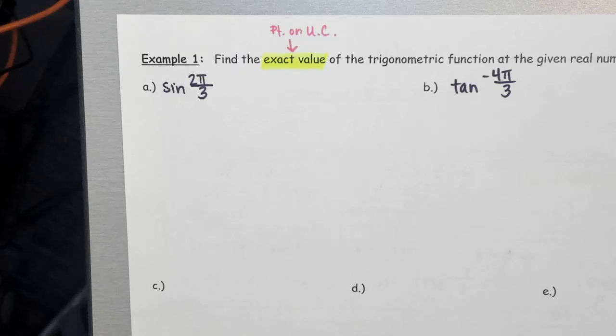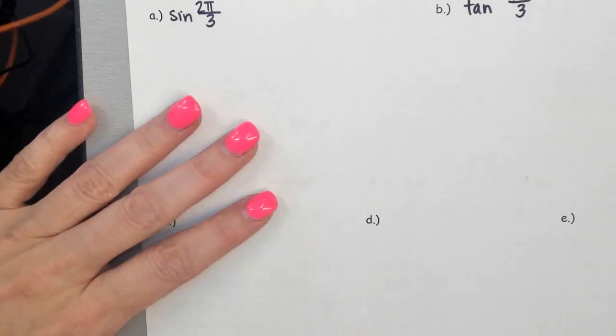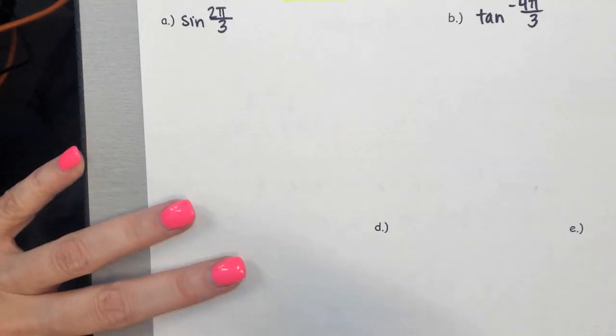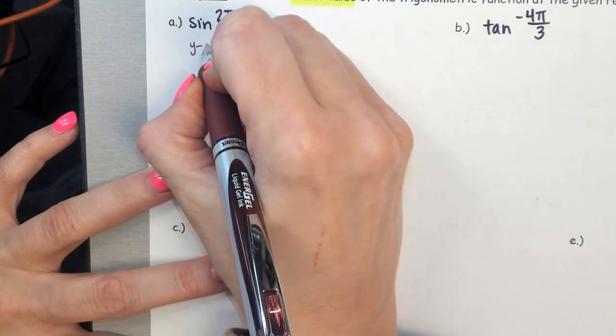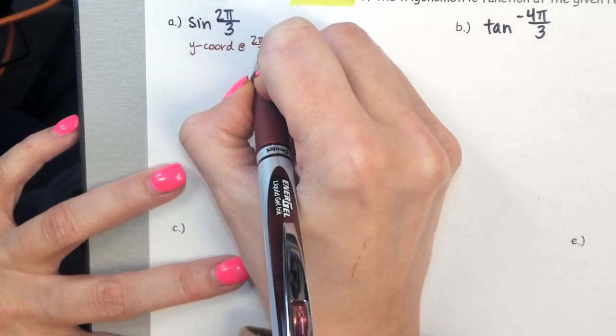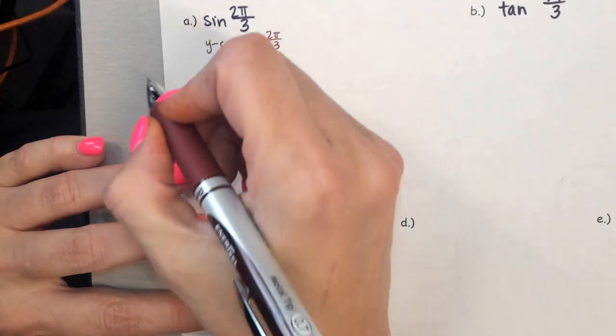Okay, so again, like I said, we just have some different levels here. If you're having trouble getting started, keep in mind that when you're finding the sine, all you have to do is find the y coordinate at 2 pi over 3. Okay, so the first thing I would do is find what quadrant it's in, because whatever quadrant it's in, that's going to give you your signs here.